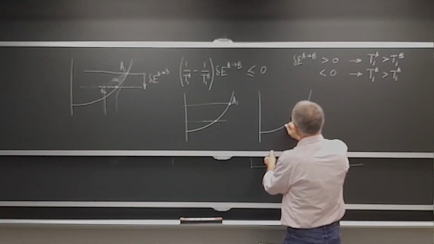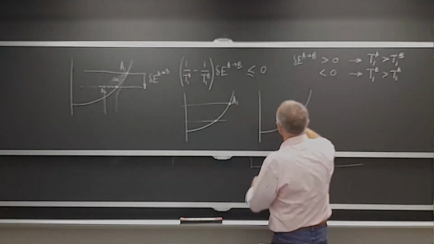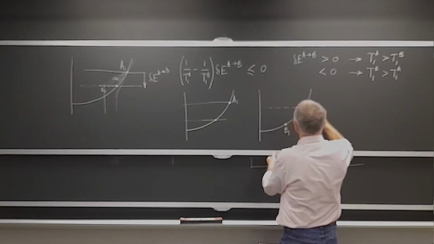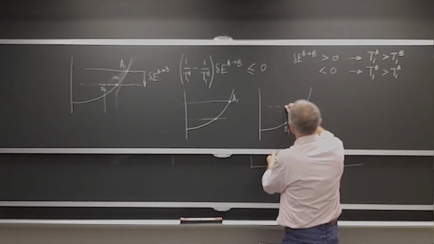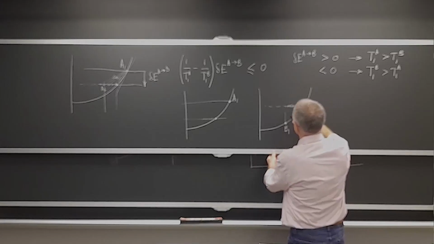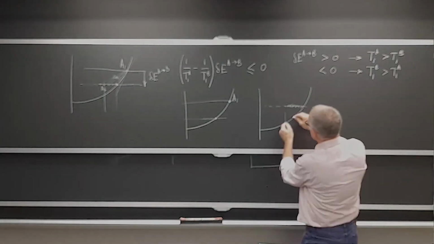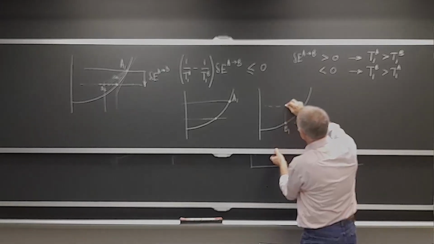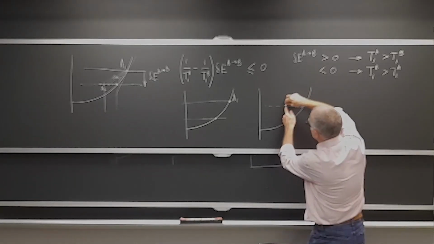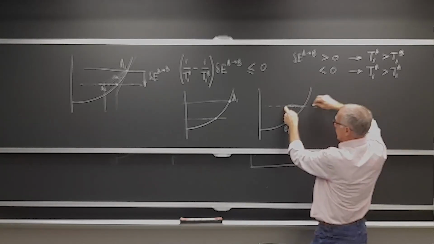System B starts from here. It receives that energy, and in principle, it can go in any of these states. Okay? So that means that if you give to B this much energy, it is able to accommodate only this much entropy. It cannot go to the right because there are no states there.